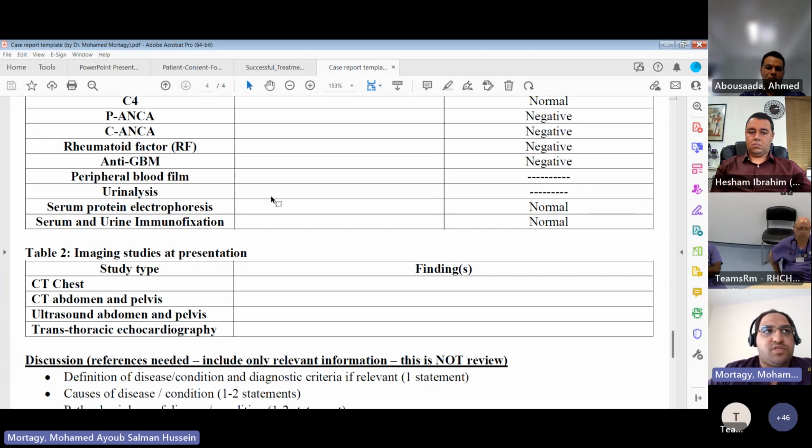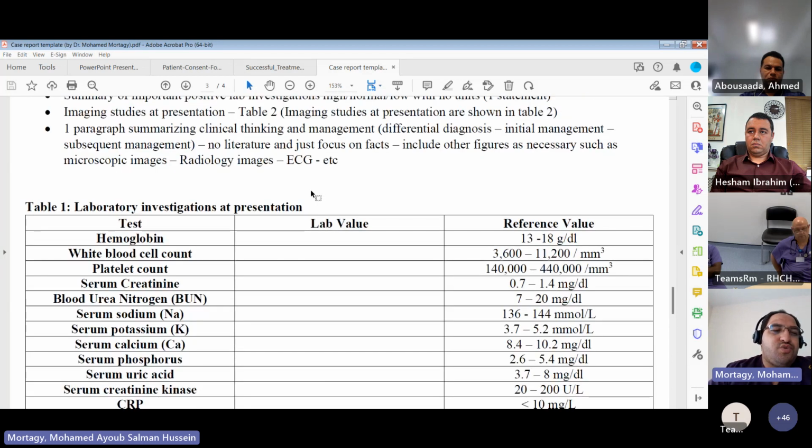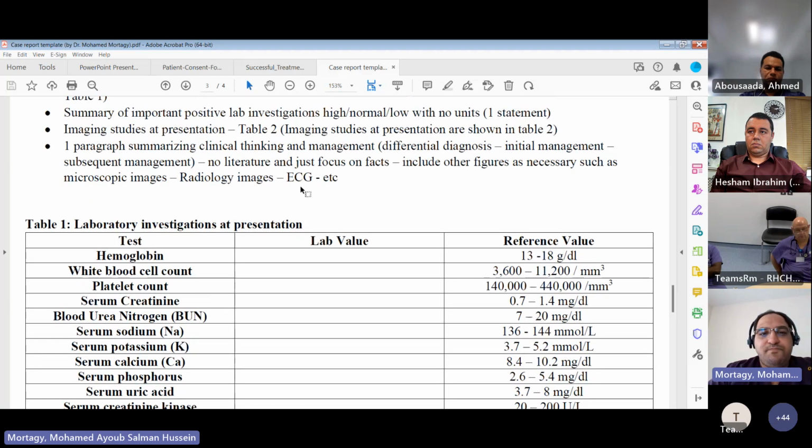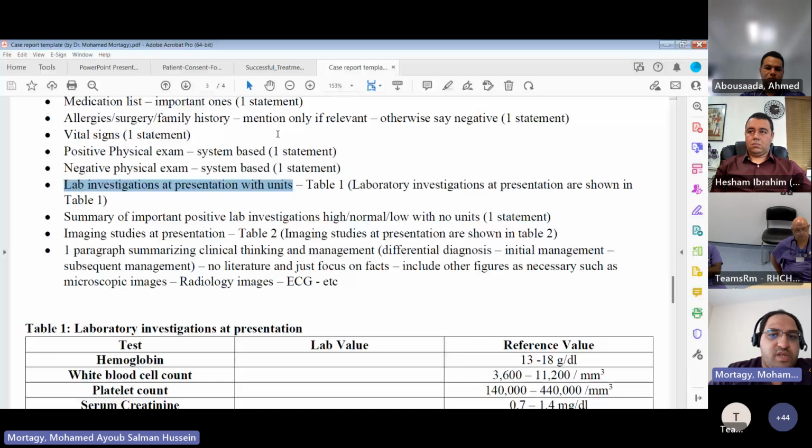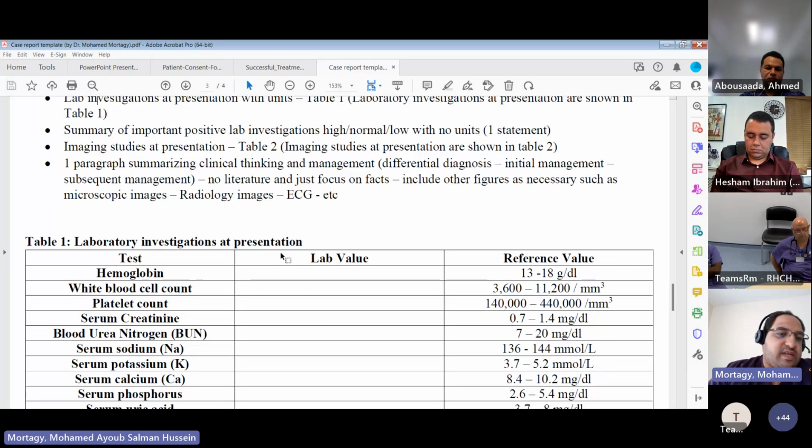And then you can also add some figures, like an X-ray, CT, MRI, biopsy, histology, anything like that. So usually two tables, two or three figures, that's what you need. If you included that table, you don't have to mention all the investigations again in your paragraph.